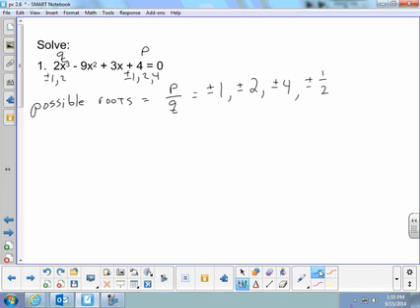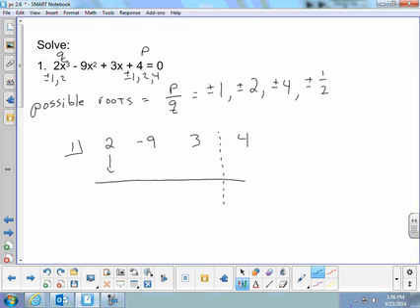So let's go ahead and put 1 in the box. And my coefficients from my equation are 2, negative 9, 3, and 4. And from our previous sections, we know if the remainder is 0, we have a root.